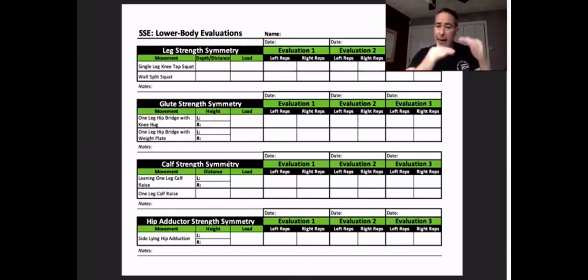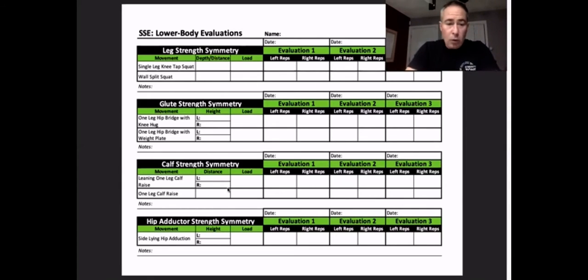But again, if you have 2 different distances on left to right, for the sake of the strength symmetry evaluation, you would use the shortest distance, because you know both sides can do that. And you would circle that distance on the chart here, so you know that's the one that you actually utilize to evaluate, to replicate on evaluation 2 and evaluation 3, your follow-up evaluations.